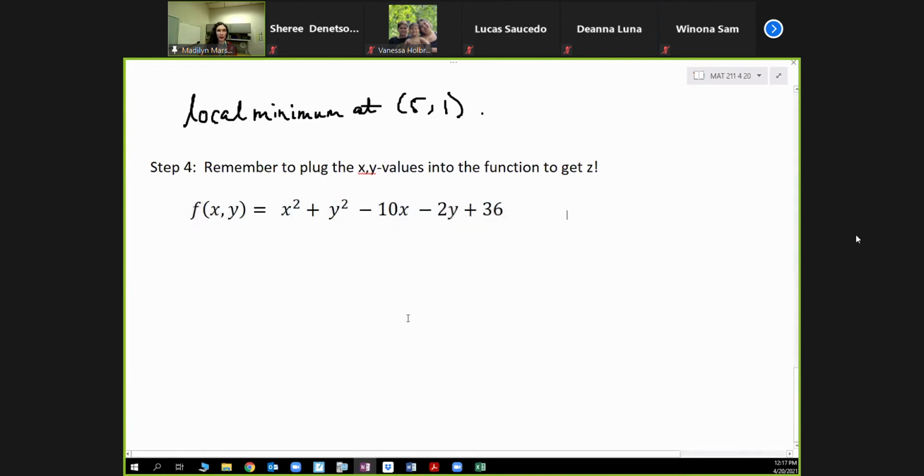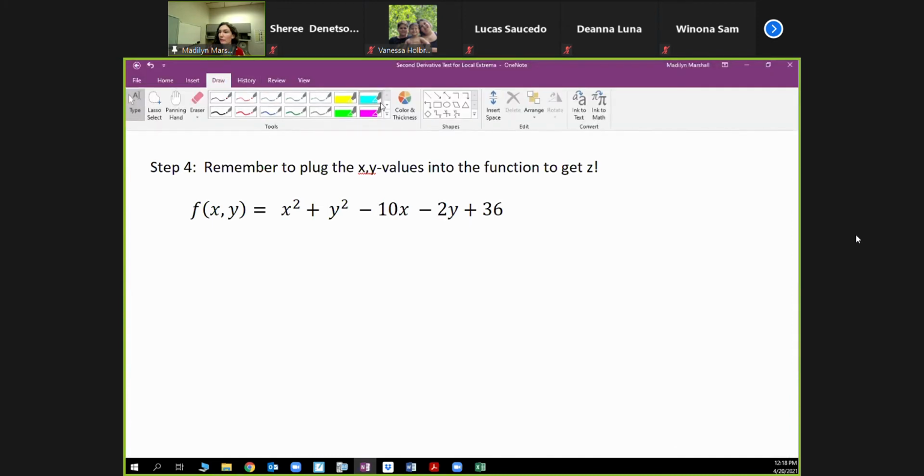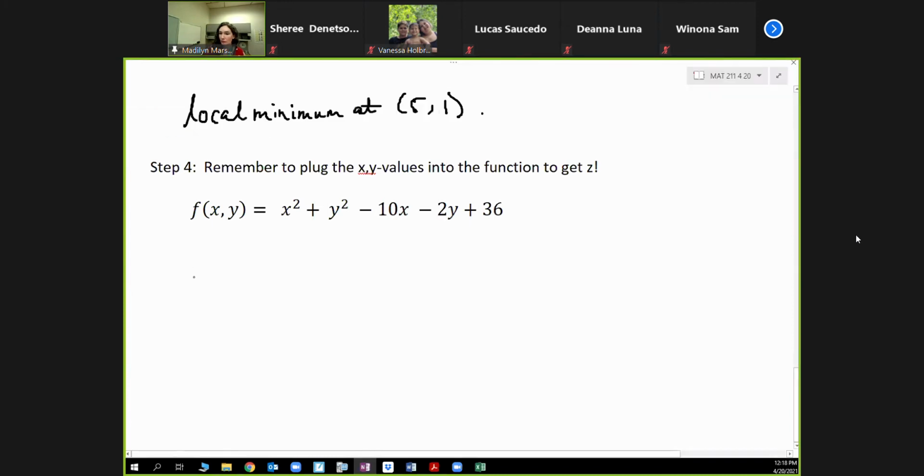So we're talking about a point on this surface, whatever it is. And so in order to get our actual minimum here, we need to plug in our x and y from the critical point to get the z. So our minimum is going to be f of 5, 1.